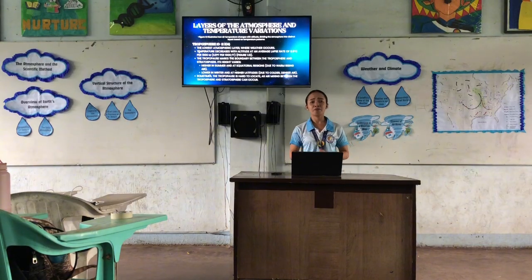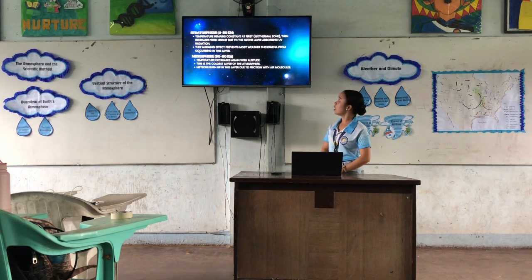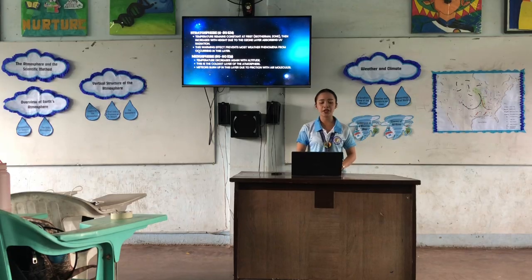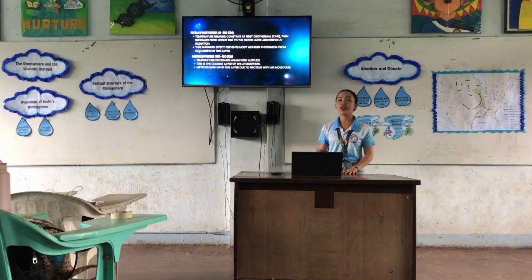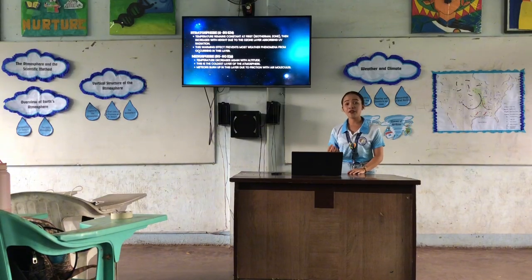The tropopause separates the troposphere from the stratosphere. Next is the stratosphere. Initially, temperature remains constant in an isothermal zone before increasing with height. The ozone layer in this region absorbs UV radiation, causing warming, and this warming effect prevents weather from occurring here.